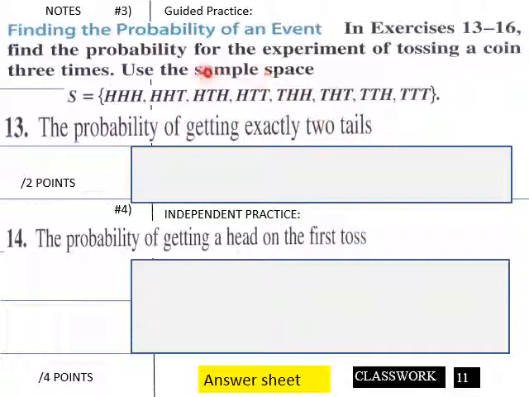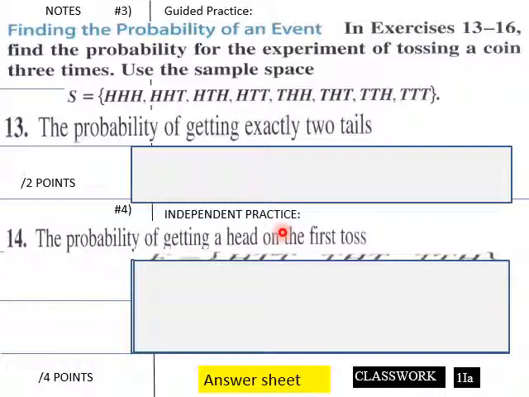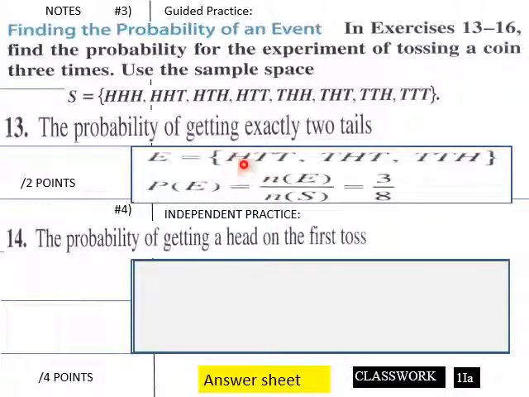Tossing a coin 3 times, we have heads, tails, tails; tails, heads, tails; or tails, tails, heads. Out of these 8 possibilities, we have 3 opportunities, so 3 out of 8 is our chance of getting exactly 2 tails.